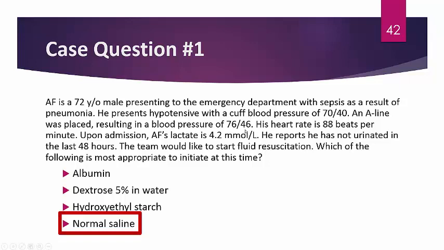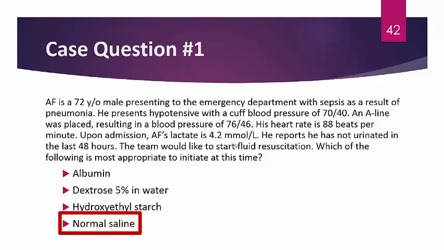This patient is hypotensive because their systolic blood pressure on the A line is less than 90. I would not rely on this cuff pressure as much. If you had a decent A-line pressure, you probably could maybe get away with not doing fluids. However, this patient is still hypotensive with the A-line pressure. This patient's lactate is also elevated. So that means that isotonic crystalloids are indicated.